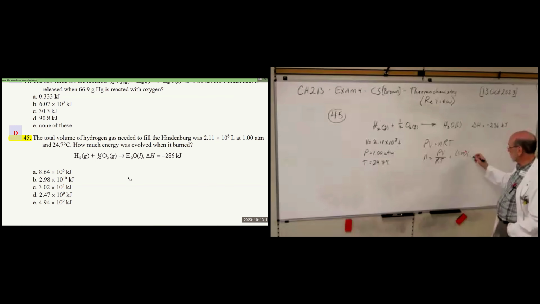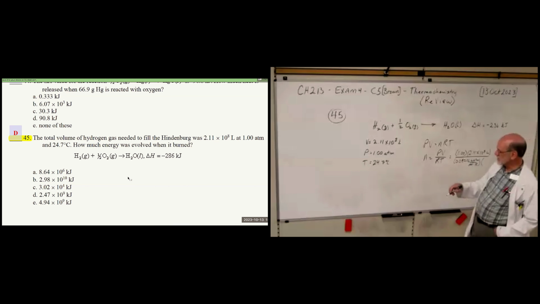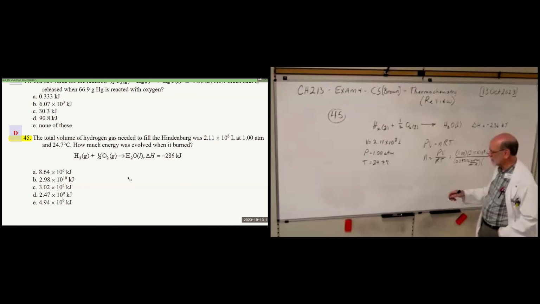Volume, it's in liters already. That's good. Okay. How about R? Well, R is a constant. And temperature. Well, temperature is in C, so we got to add 273 to it.